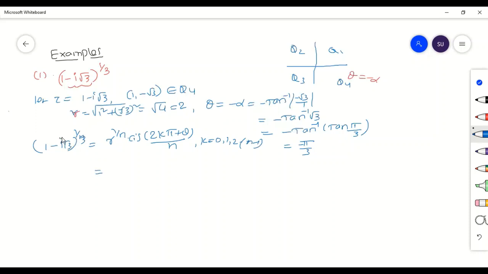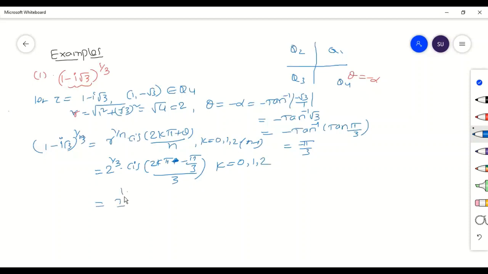Here the complex number is (1 minus i root 3) power 1 by 3. The r value we already found: r is 2. So 2 power 1 by 3 into cis of (2k pi plus theta) divided by 3, where theta is minus pi by 3. K values are 0, 1, 2, up to n minus 1, so 3 minus 1 is 2.